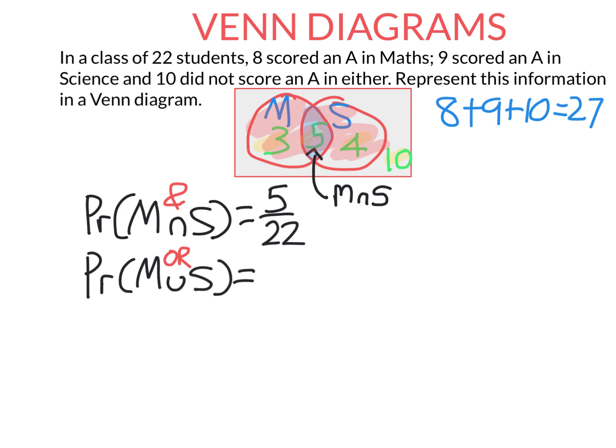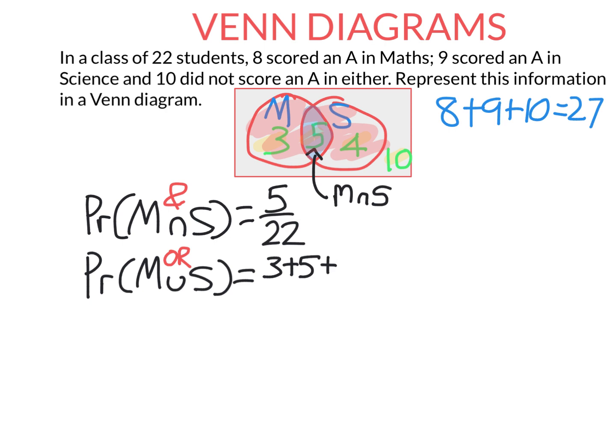Remember, we learned in a previous video that when we're doing probability, or includes both. It doesn't mean just this or this. We also include the number of students in both sets. So the probability that a student selected at random scored an A in maths or science is 3 plus 5 plus 4.